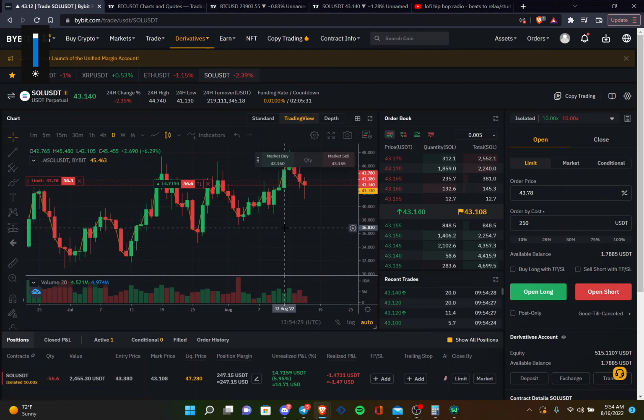It's pretty cool how they've got all the TradingView stuff in Bybit. Yeah, I know, right? I wish other exchanges would adopt their template. How does that look?